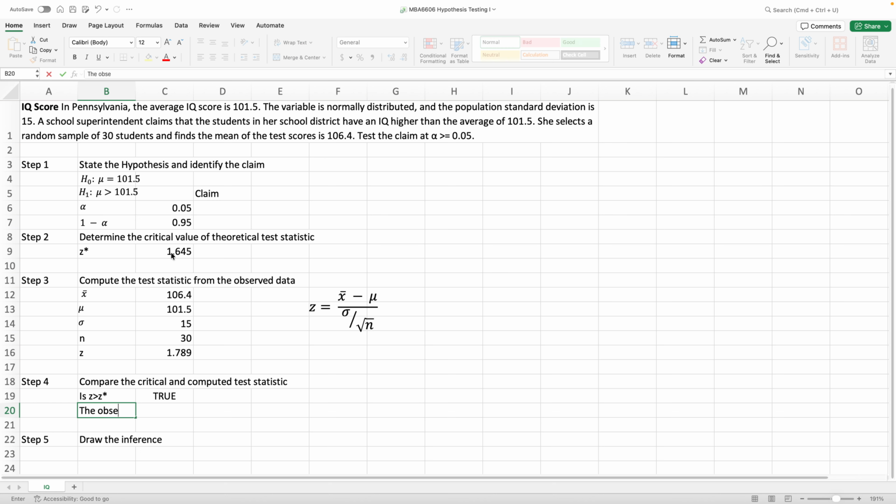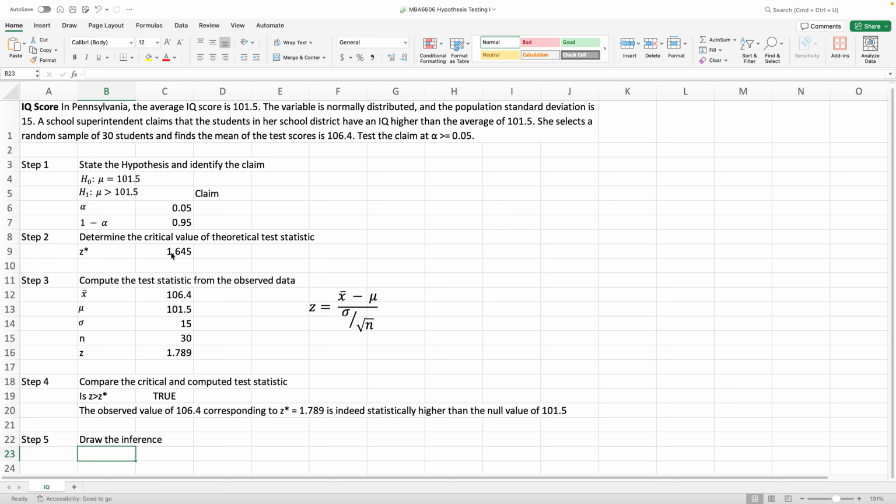The observed value of 106.4 corresponding to z equal to 1.789 is indeed statistically higher than the null value of 101.5.